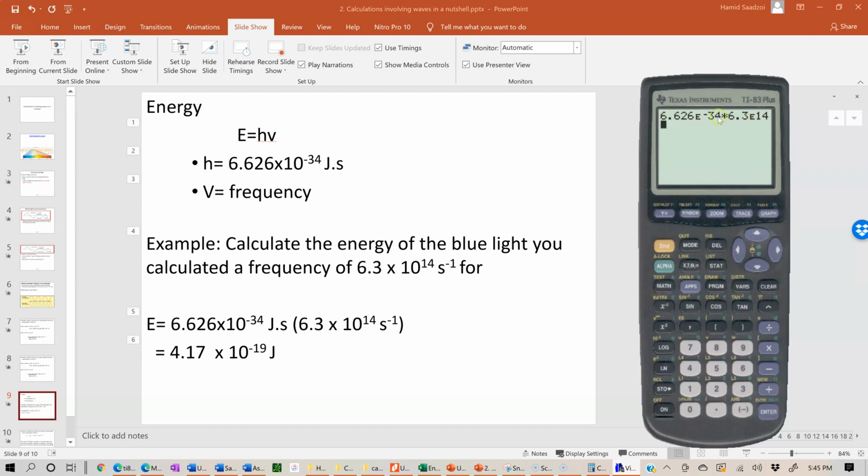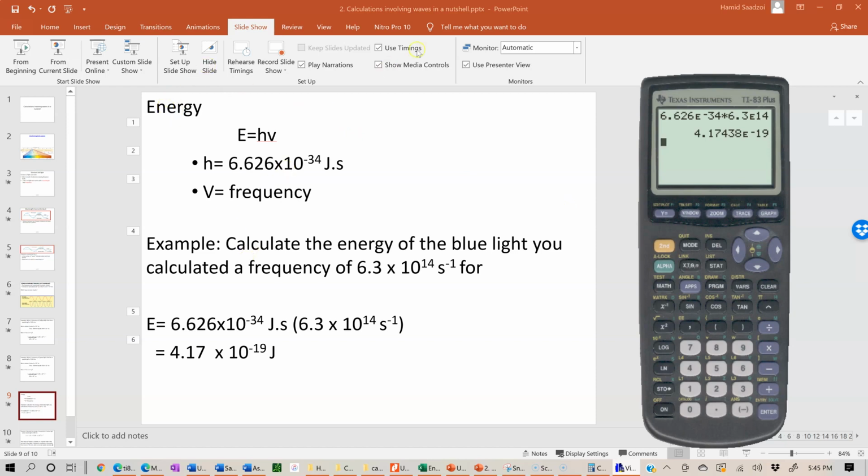Once again, E to negative 34 tells you 10 to negative 34. Enter. 4.17 times 10 to the negative 19. Remember, E means 10 to the power. And once again, we round it to the second digit to our decimal place, basically the 100th place. And you get your answer. You're done. So you can see the math is really easy if you use the right tools.